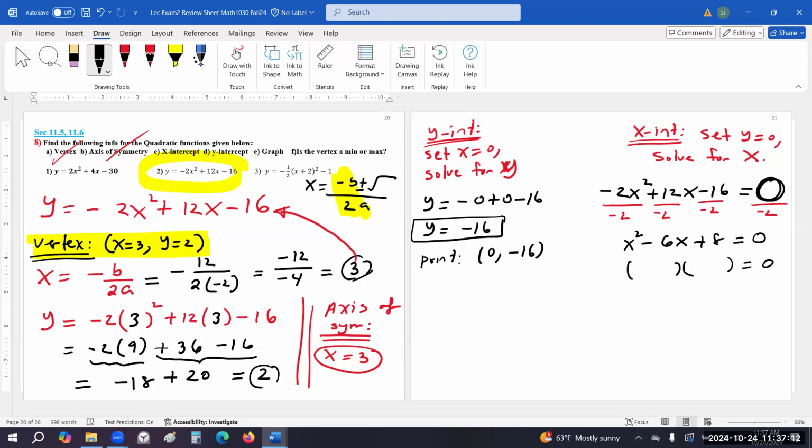Then we found the y-intercept. No, we solve for y-intercept: y-intercept means all the x's are gone, and whatever remains is the y. Then you go for the x-intercept, which is y equals 0, and you solve for x.